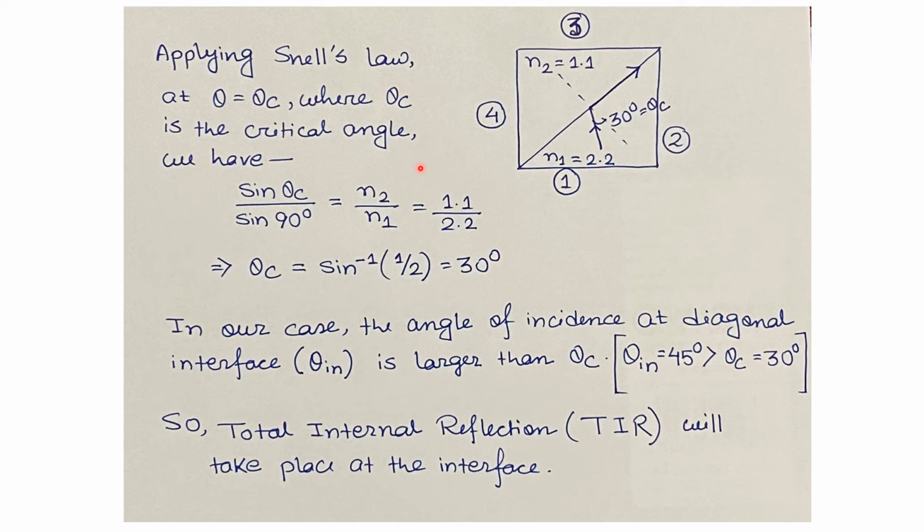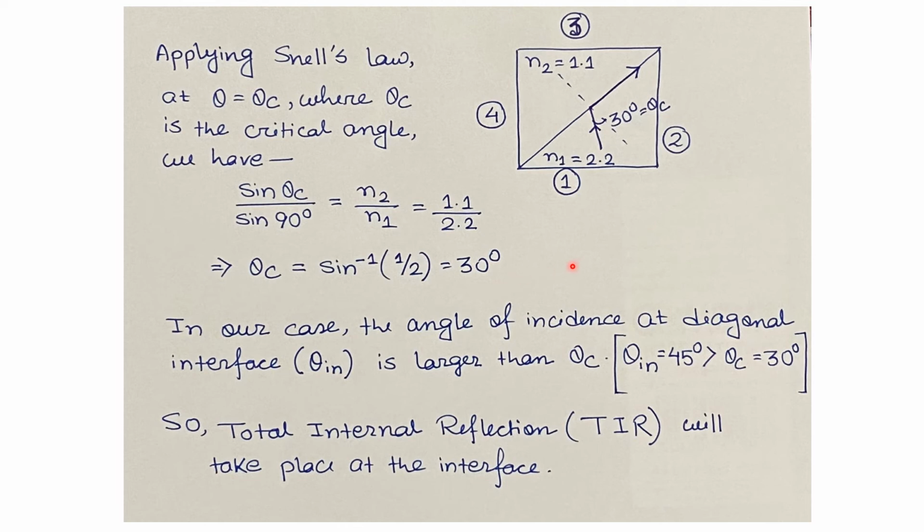Applying Snell's law, sin theta c divided by sin 90 degrees equals N2 by N1, which is basically 1.1 by 2.2. So our theta c, the critical angle for total internal reflection, is sin inverse half, that is 30 degrees.